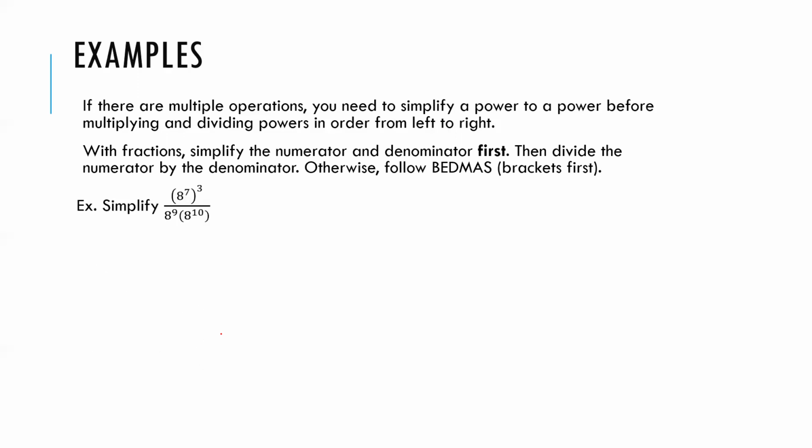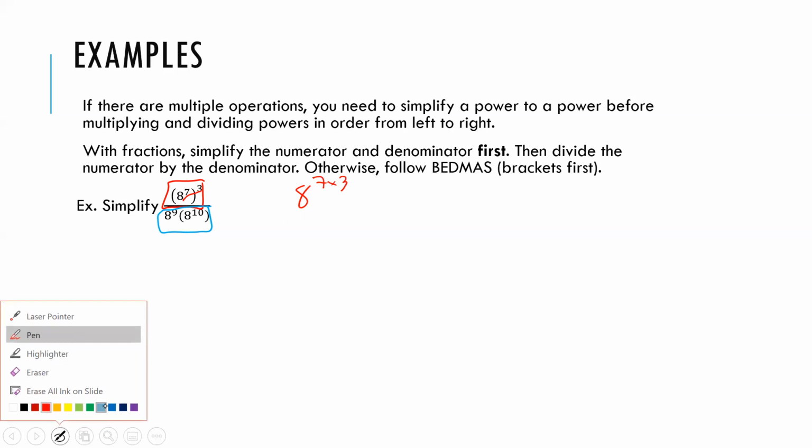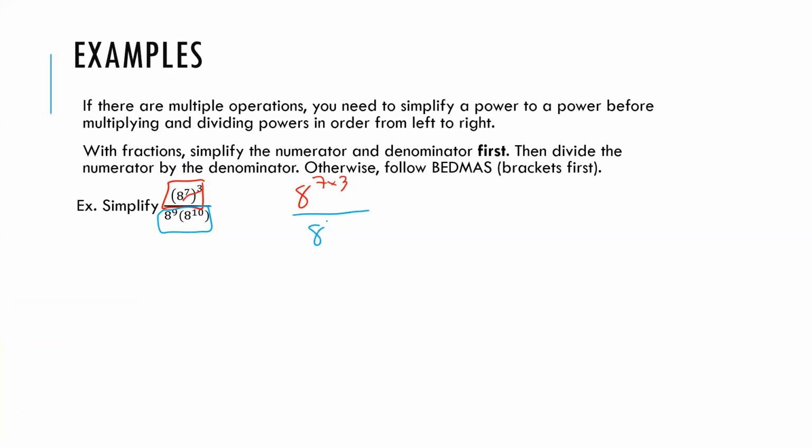So here's an example just to practice. We have a power to a power, so I'm going to figure out what that is first, and then I'm going to simplify the denominator here. I'm going to do this in red. A power to a power means I multiply the exponents, so I'm going to have 7 times 3. And in my denominator, I'm going to have 8 to the power of 9 plus 10.